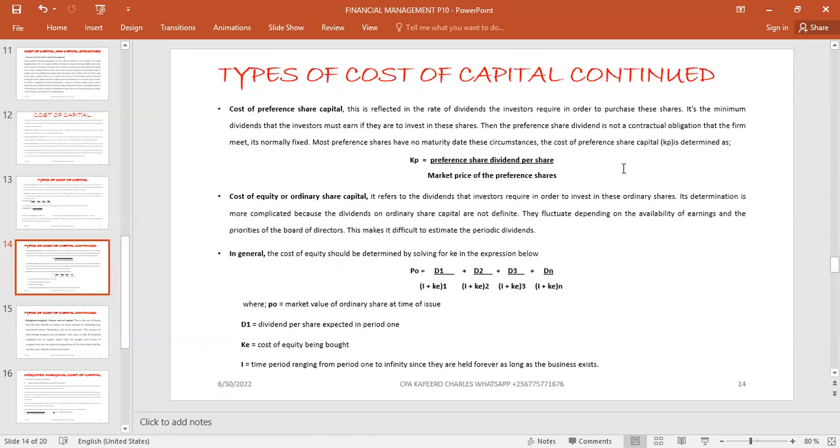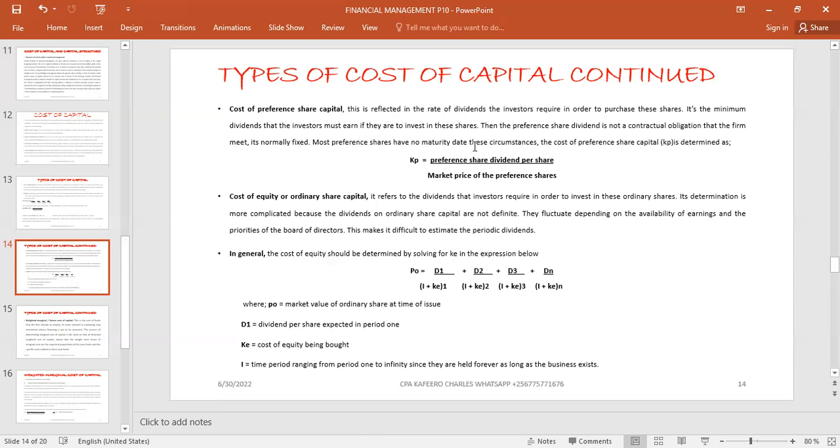And we are saying it is the minimum dividend that investors can earn if they are to invest in these shares. If they are buying these preferential shares, how much are we going to give them in dividends? That's what we want, the minimum they can earn from the preferential shares.